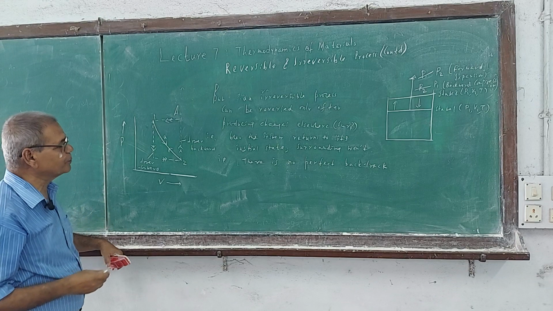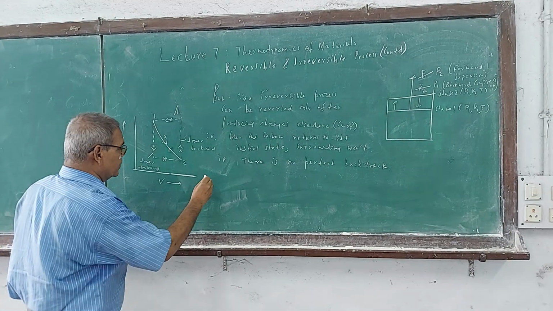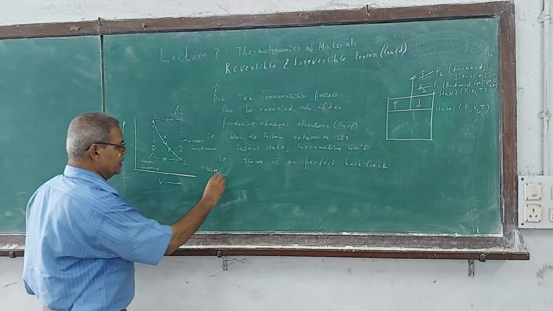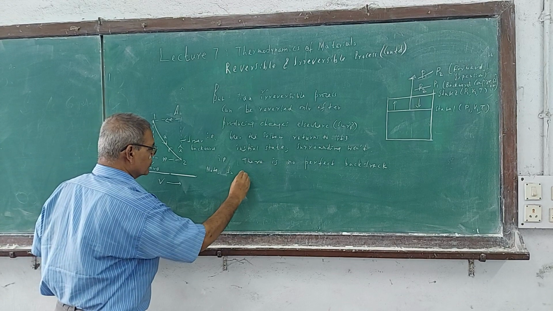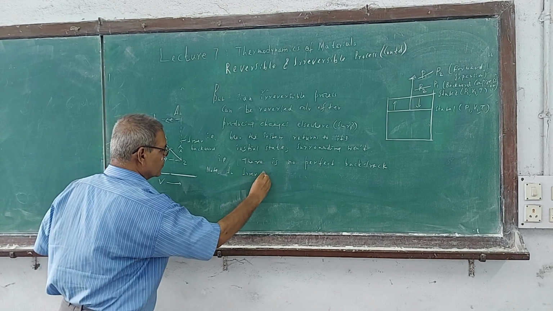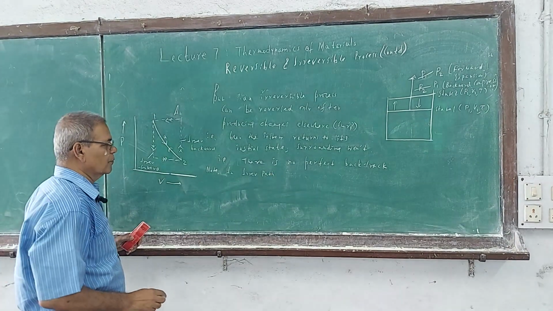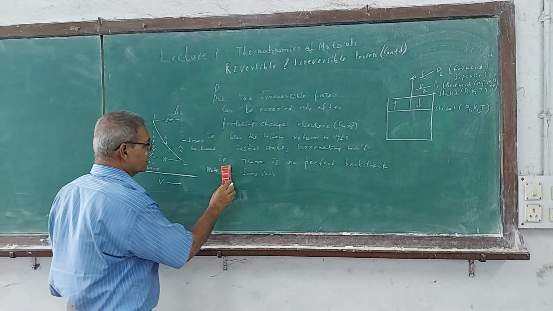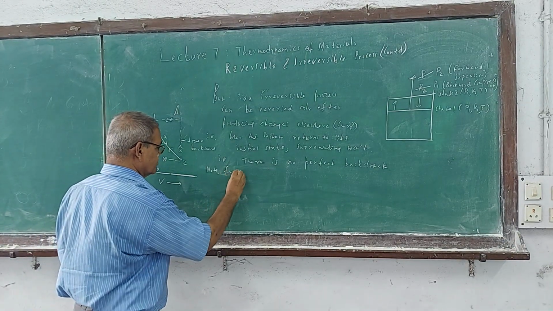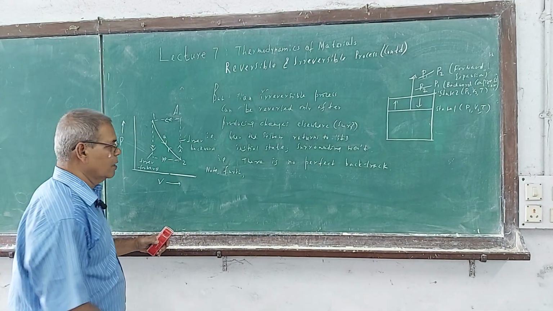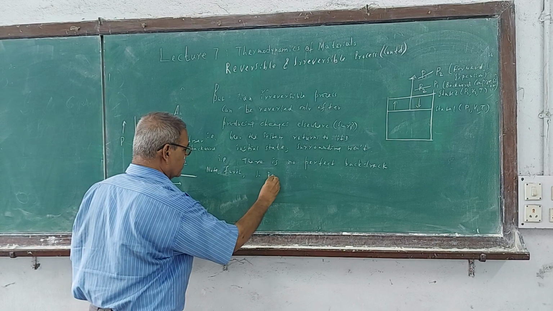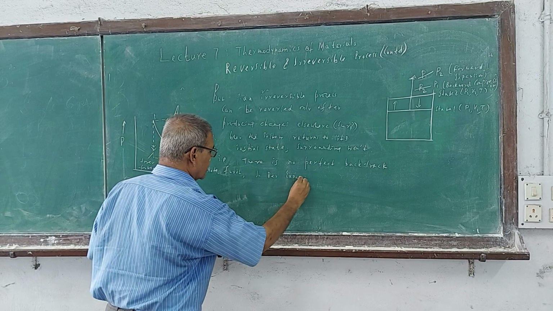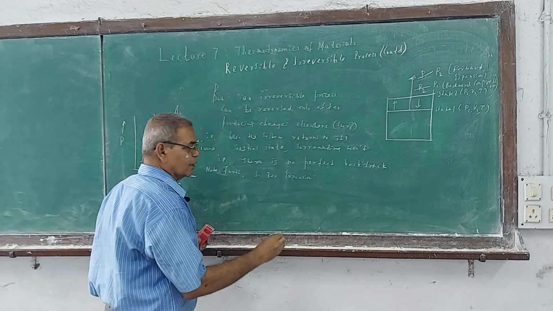Now another thing I tell you. In case of irreversible path, note another thing here. In reversible expansion, what is dW?